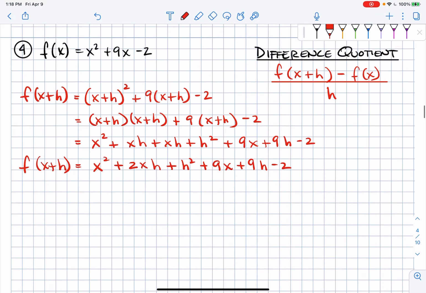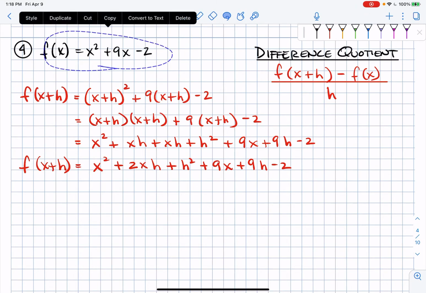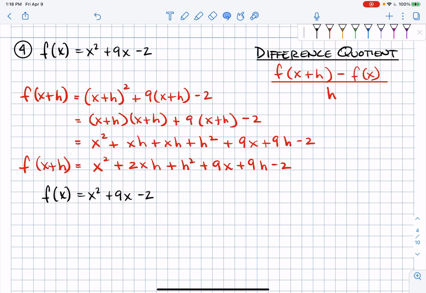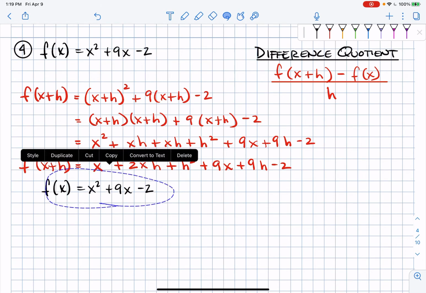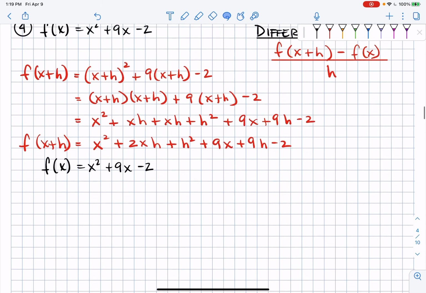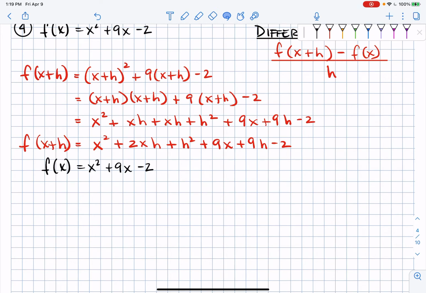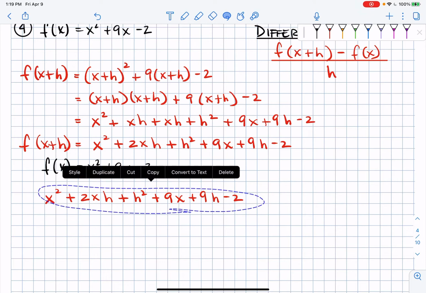All right, and I have my f of x right here. So that's my f of x. So now I get to put it right into that difference quotient. So I'm going to cheat a little bit here. So I'm going to take the f of x plus h. Boom.